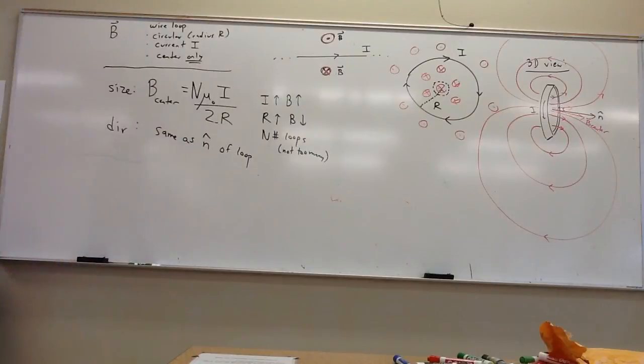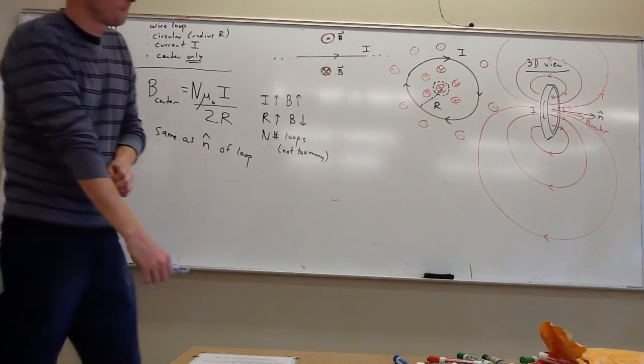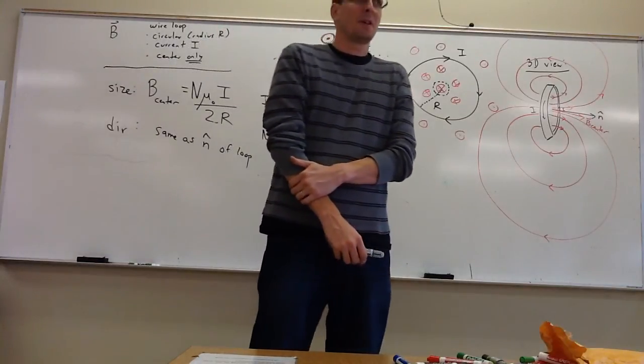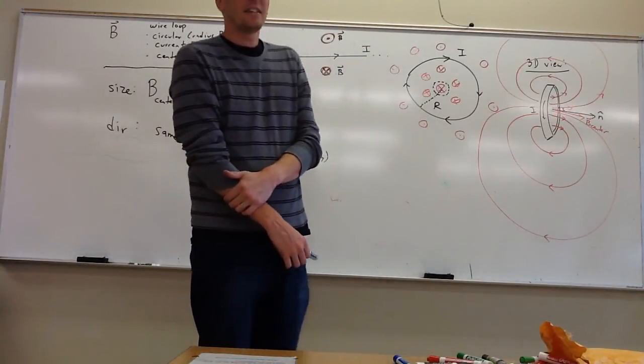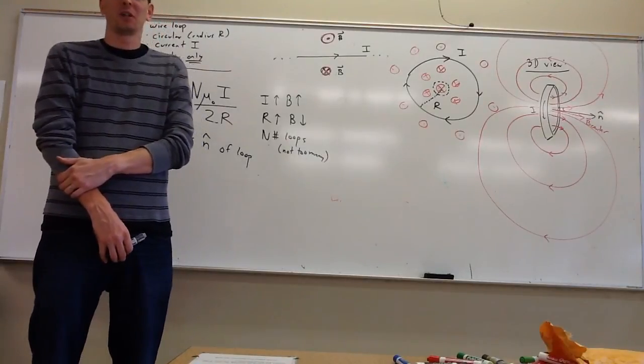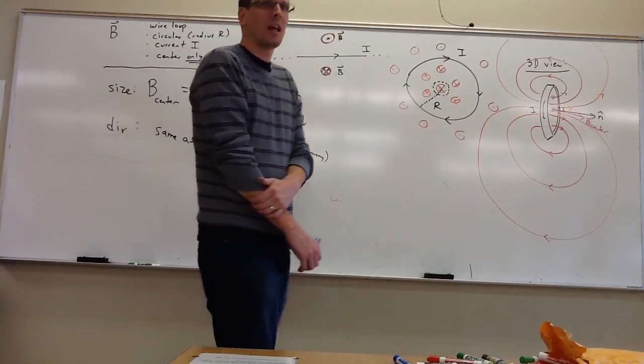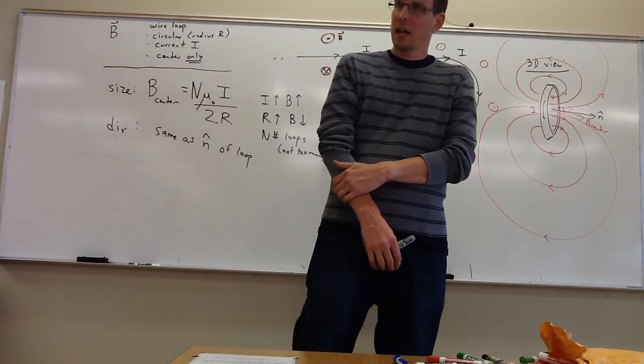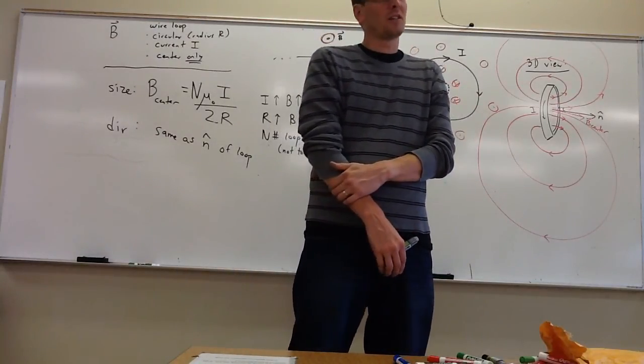Now here's a quick question for you. It seems like we have a bit of a paradox here. We made a big fuss about the normal vector as a means to talk about how a current loop likes to orient in a field, right? We learned that the normal vector likes to align with the field, and if it isn't aligned that way, then it'll torque until it does.